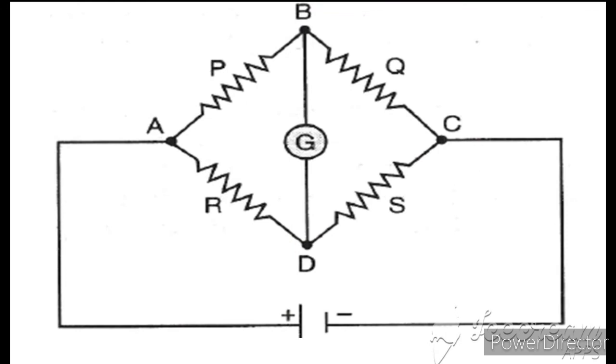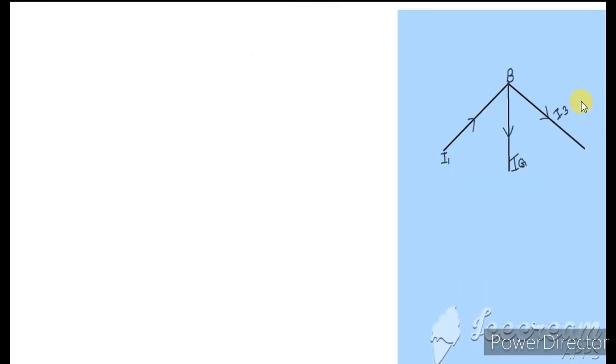Okay, so let us first consider junction B. In this junction B, we have the currents named I1, IG and I3. When you see the currents here, this is going inside, this is coming outside, this is coming outside. So this is entering, this is leaving and this is leaving.